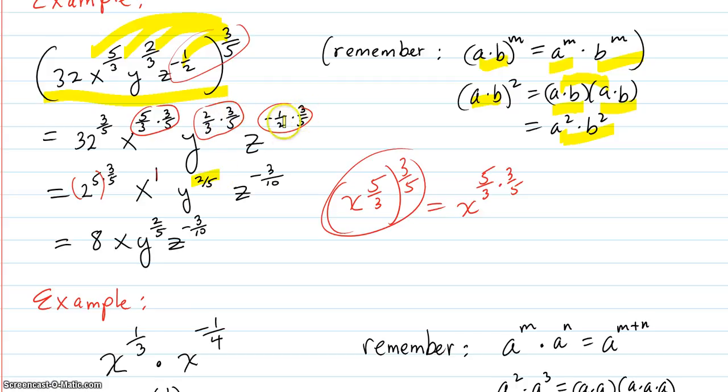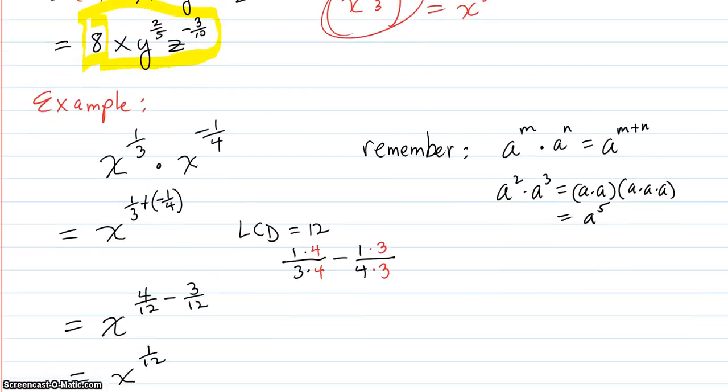And this over here is negative 3/10. Okay, now we're ready to do this. You can cancel out the 5's and get 2 to the 3rd, which is 8, x to the 1st, y to the 2/5, z to the negative 3/10. So this is it. Another example here.